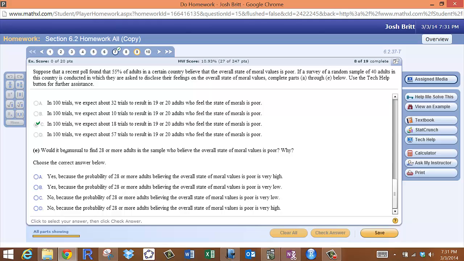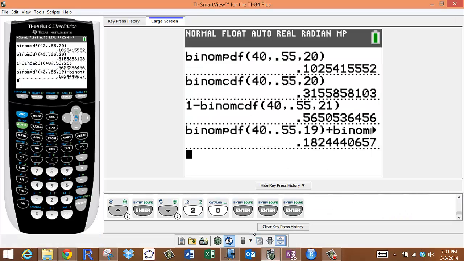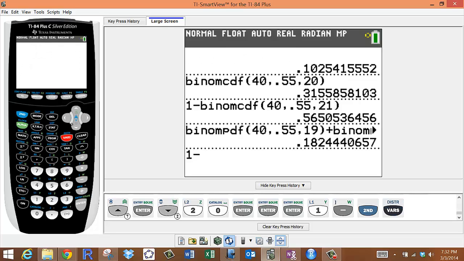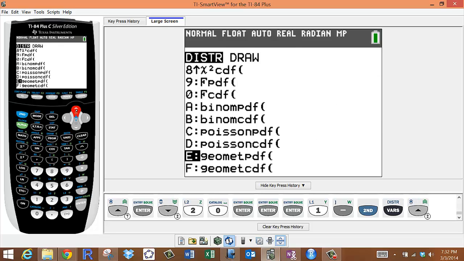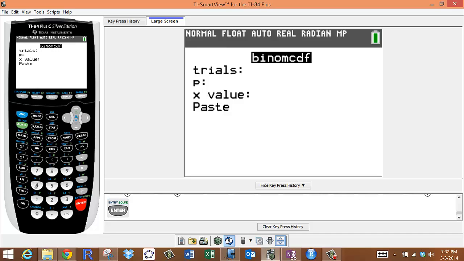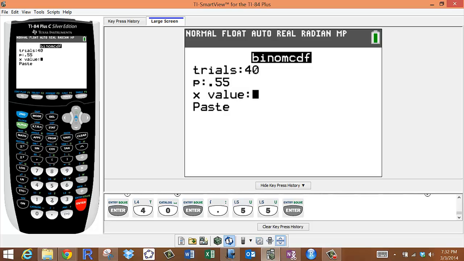Okay, so find the probability. Would it be unusual to find 28 or more? So we want to find the probability of getting 28 or more. And so that's going to be 1 minus the probability from 0 to 27. So 1 minus CDF, 0.55, and then x, the upper bound, is 27.